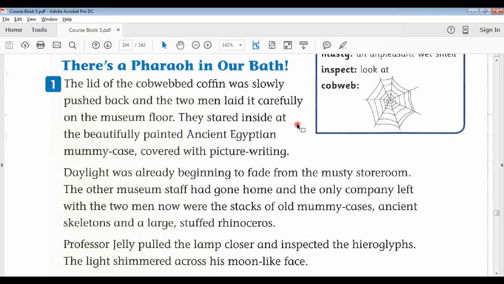They stared inside at the beautifully painted ancient Egyptian mummy case, covered with picture writing. Daylight was already beginning to fade from the musty storeroom. The other museum staff had gone home, and the only company left with the two men now were the stacks of old mummy cases, ancient skeletons, and a large stuffed rhinoceros.